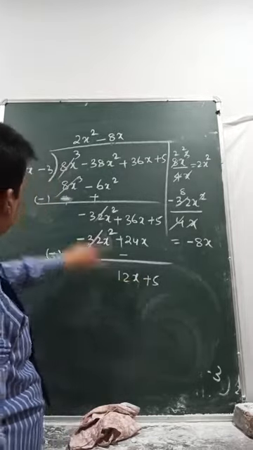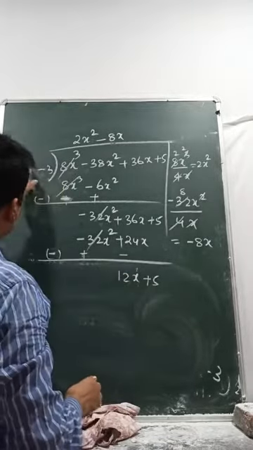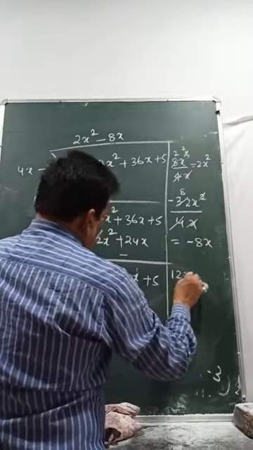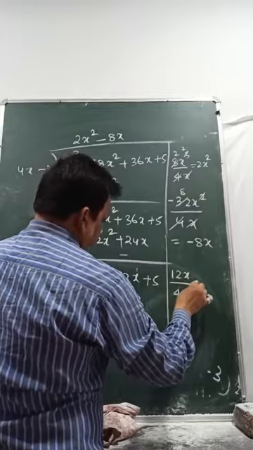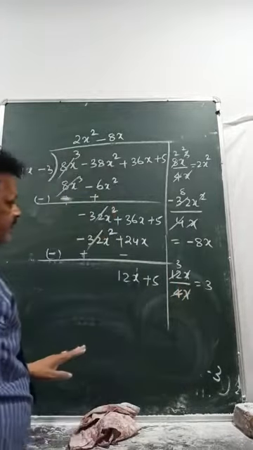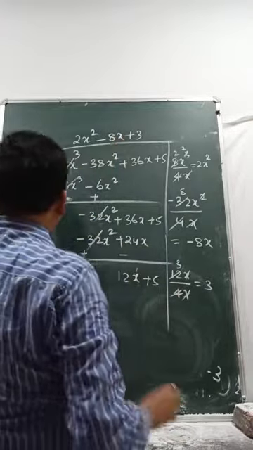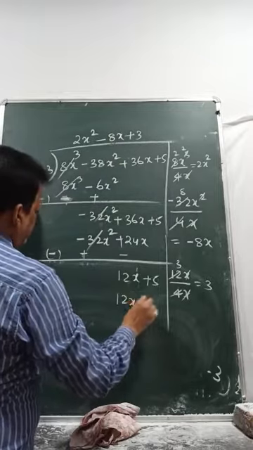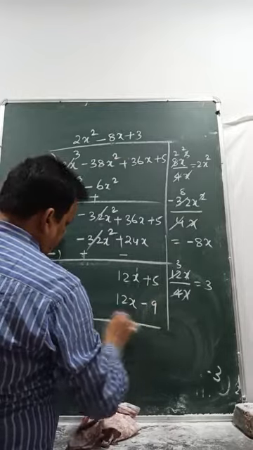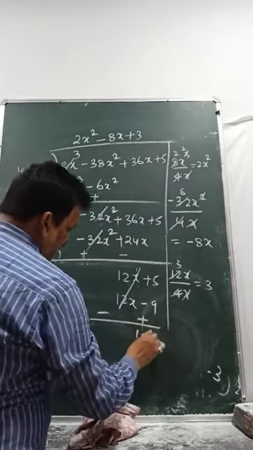Divide the first term by first term. Till now the degree is the same. Here degree is 1, degree 1 means you can divide once more. So 12x divided by 4x, x cancelled, 3. So plus 3 I have to put. 3 times 4 is 12x. 3 times minus 3 is minus 9. This is cancelled. 5 plus 9 is 14.